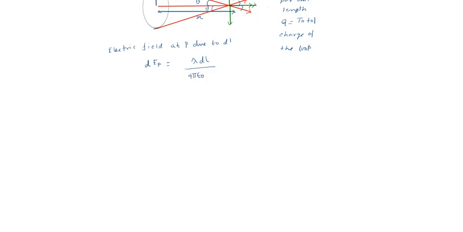Distance is, as we have already seen, root over of x square plus r square. So it will be x square plus r square whole squared, multiplied by cos theta.